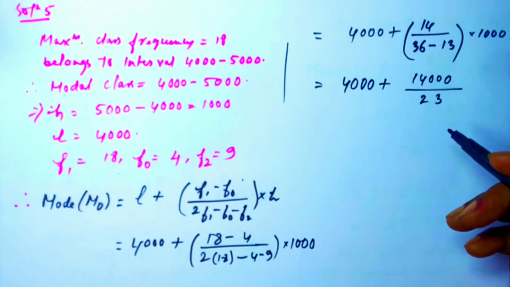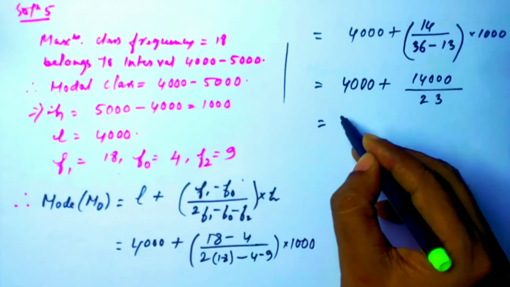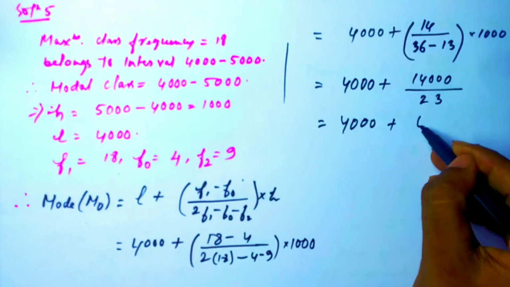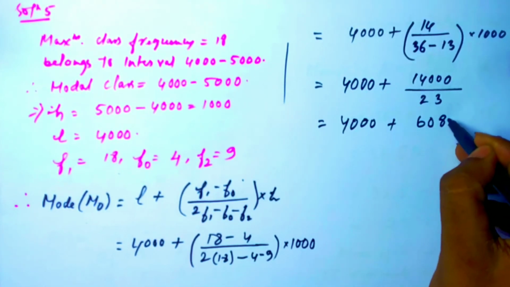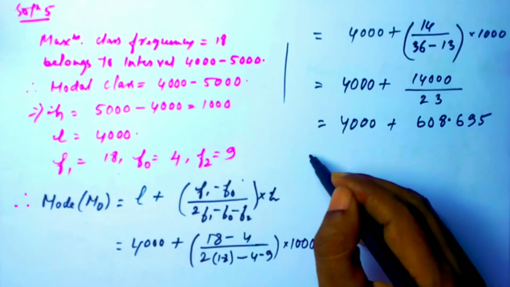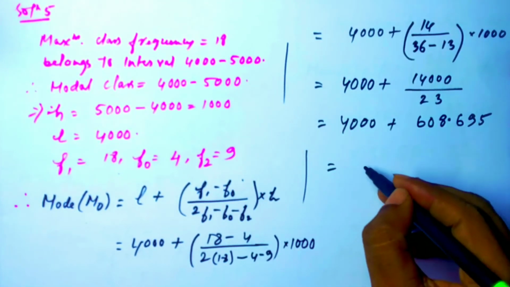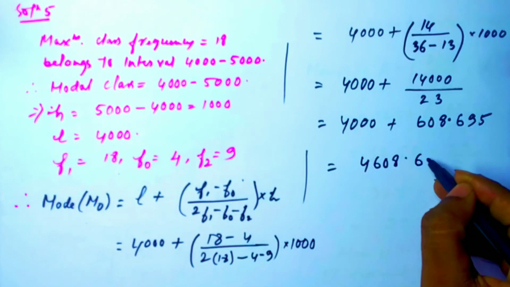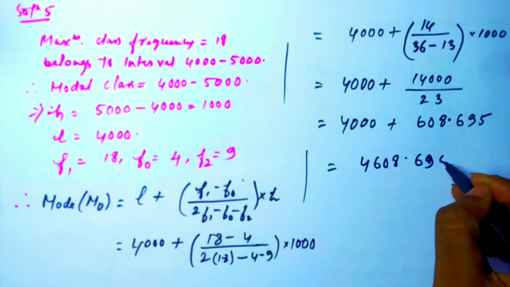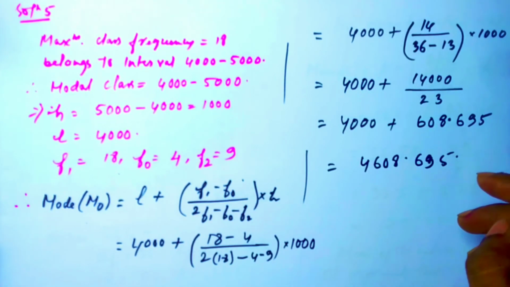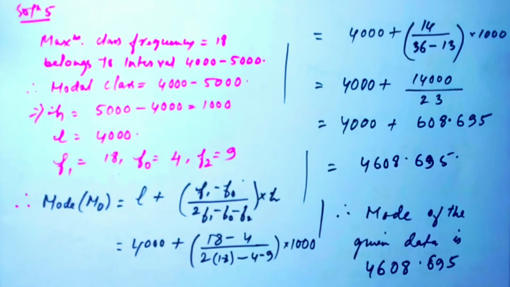After dividing it, we get 4000 plus 608.695. So by adding we get 4608.695. Therefore, the mode of the given data is 4608.695. This is our answer.